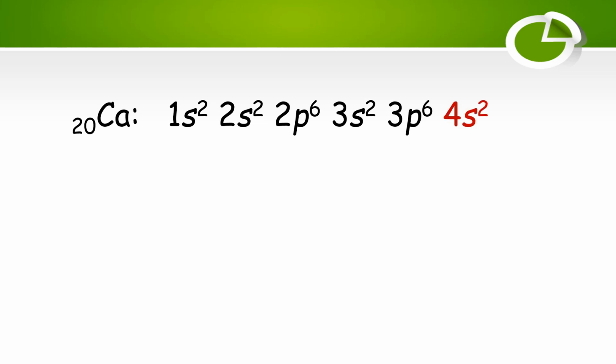Okay, let's take a look at another example. Here we have calcium with a proton number of 20. Therefore, the electronic configuration will be 1s2, 2s2, 2p6, 3s2, 3p6, 4s2. Here we can see that the valence electron is 4s2.